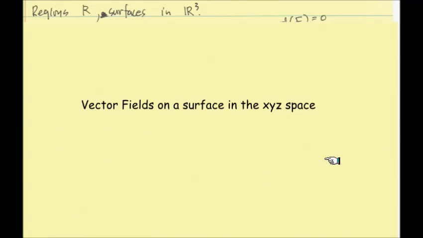One of the main topics in the next part is this vector field on a surface in XYZ space. Okay, so we're actually looking at what we mean by this. I'm going to explain the meaning of this one. And this vector field is actually defined not only on a surface, but slightly more than a surface, and we're going to examine curls and gradient vector fields over these.